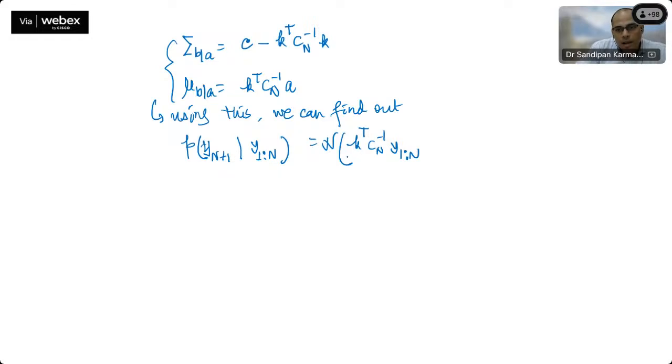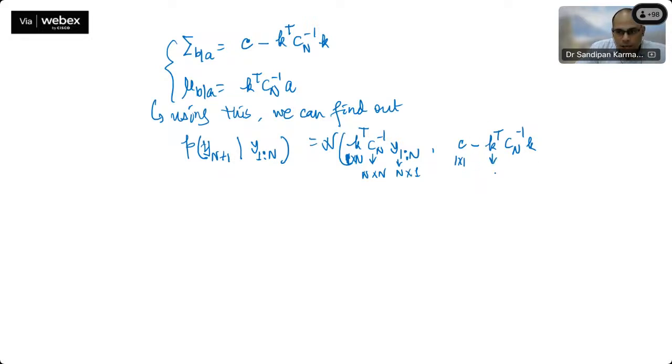This will be 1 cross n, this will be n cross n, this will be n cross 1. So this will be 1 cross 1, right? Minus small c, minus K transpose Cn inverse K. Here also this is 1 cross 1, because this is a variance, the covariance itself giving you variance.